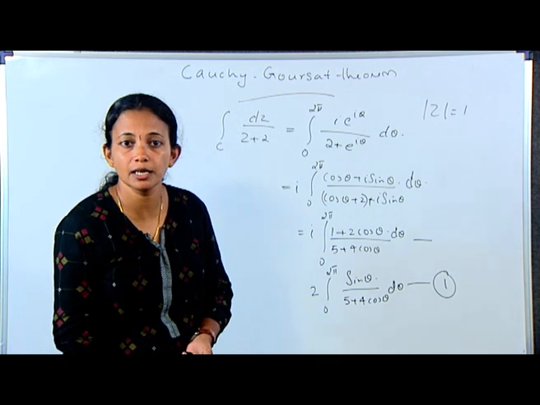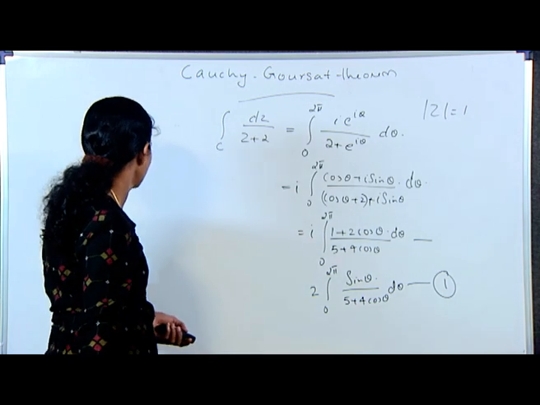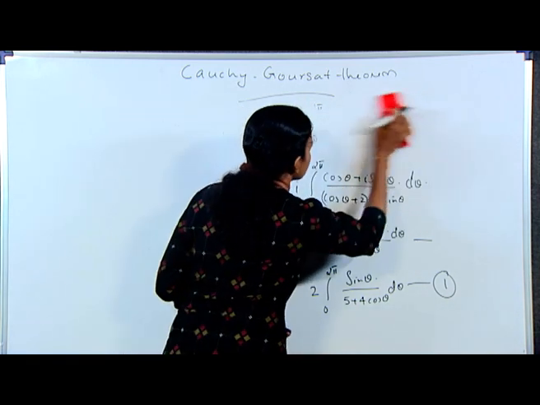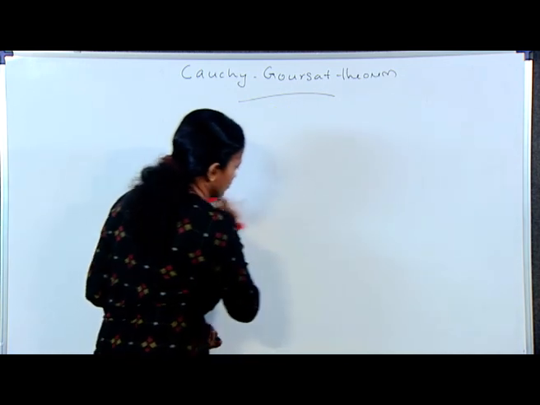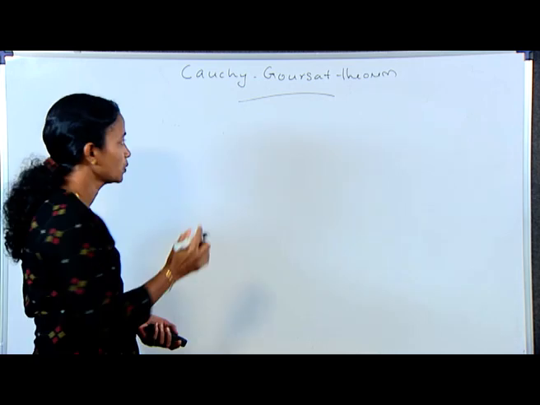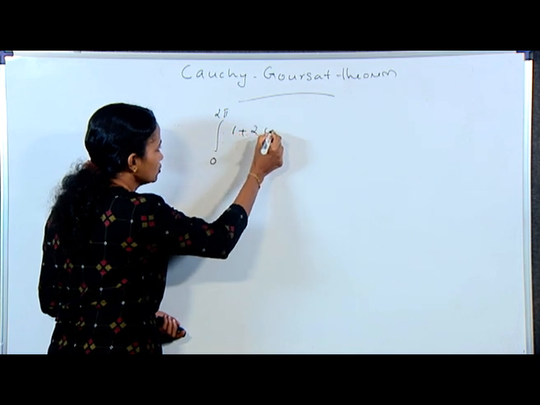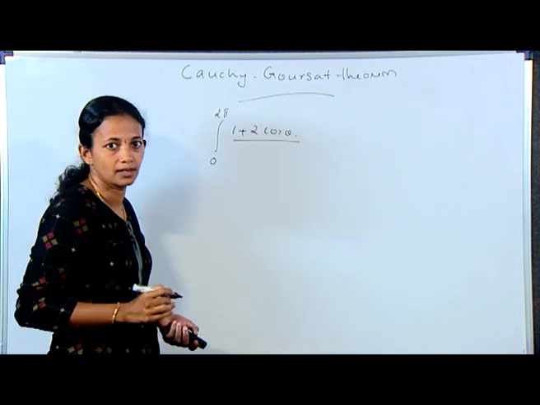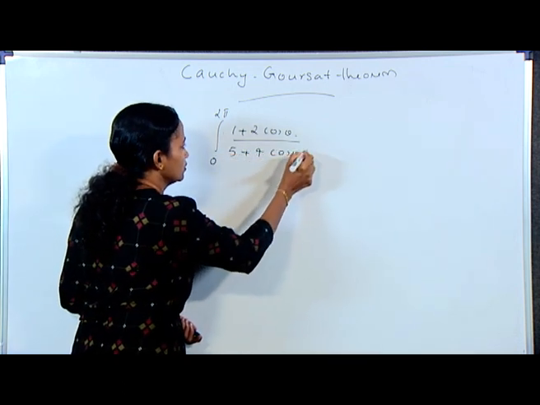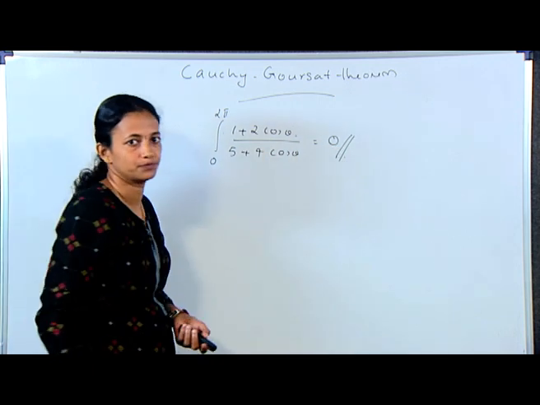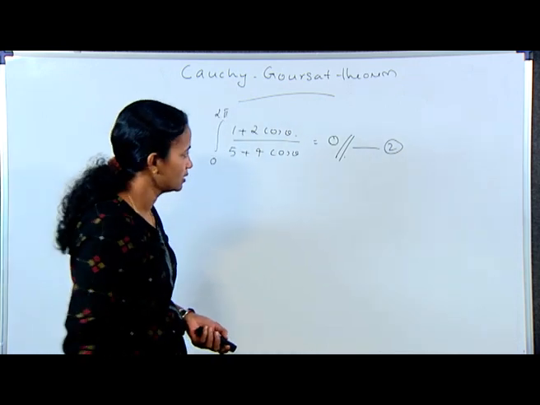Equating the imaginary parts on both sides of the first equation, we get the integral from 0 to 2 pi of (1 plus 2 cos theta) by (5 plus 4 cos theta) d theta equal to 0. This is our answer.